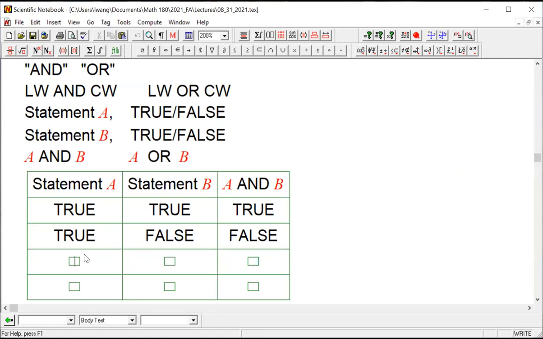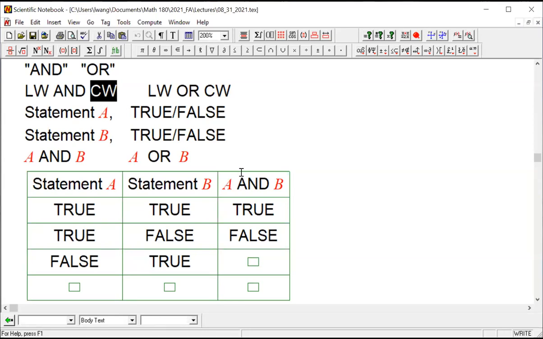In another situation, if statement A is false and statement B is true, right? This time I don't want to sell it and he wants to sell it.